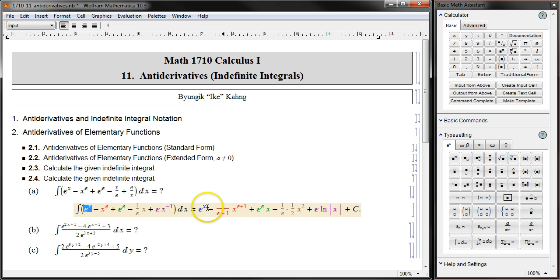Antiderivative of e to the x, staying the same. x to the e power, that's a power function, so raise the power by 1 and divide, so we get that. e to the e power, that's a constant function, so e to the e power times x. x over e and e over x, they look rather confusing, but x over e is 1 over e times x, and e over x is e times x to the negative first power. So we get appropriate antiderivative computation like these.